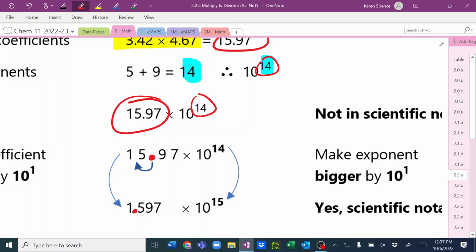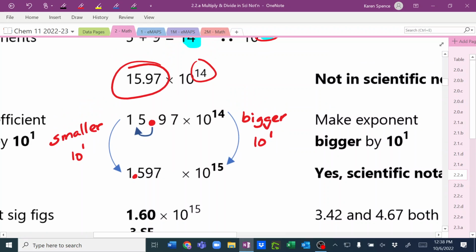Did we make the 15 bigger or did we make the 15 smaller? We made it smaller. And we made it smaller by 1 power of 10, or 10 to the 1. Therefore, the exponent has to get bigger by 10 to the 1.